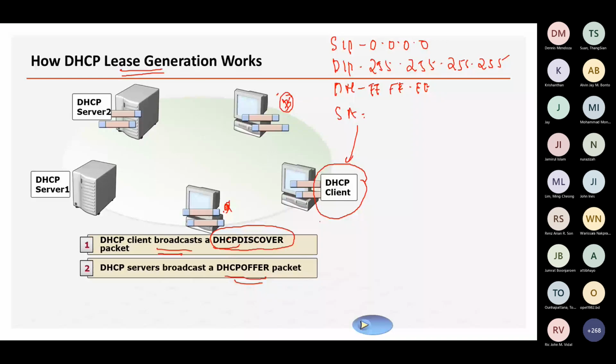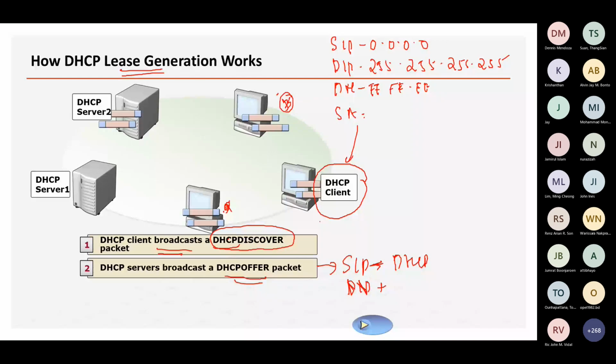Now, when you take a DHCP offer packet here, it will have the source IP address of the DHCP server, and the destination IP will be broadcast, since the client has not been configured with any IP address.